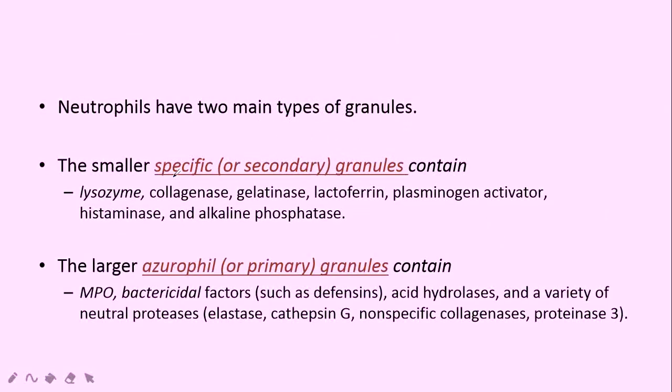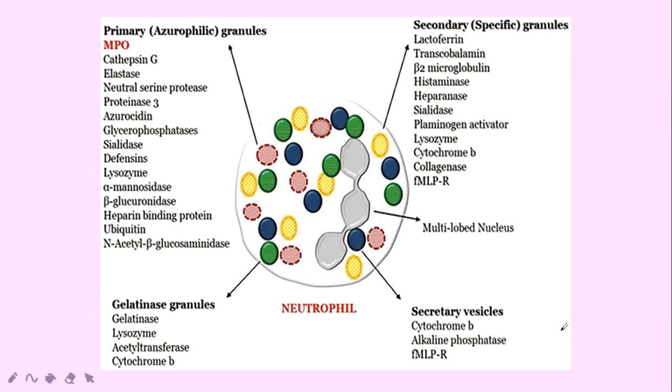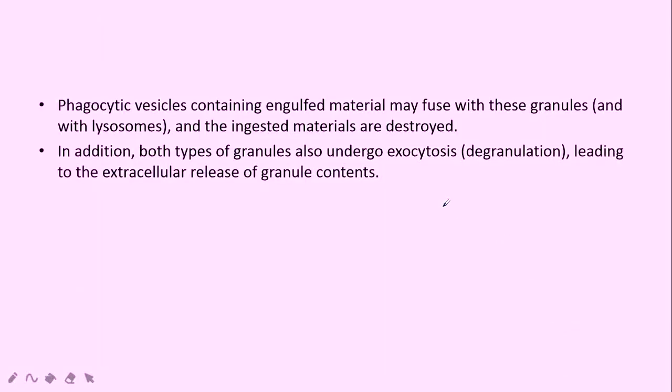Neutrophils have two main types of granules: the smaller specific or secondary granules, containing lysozyme, collagenase, gelatinase, lactoferrin, and others, while the larger azurophilic or primary granules contain myeloperoxidase, bactericidal factors such as defensins, acid hydrolases, and neutral proteases, which include elastase, cathepsin G, collagenases, and proteinase 3. The phagocytic vesicle containing engulfed material may fuse with these granules, and the ingested materials are destroyed in this way.